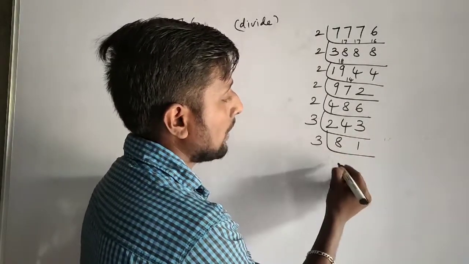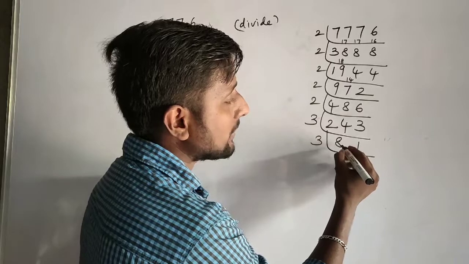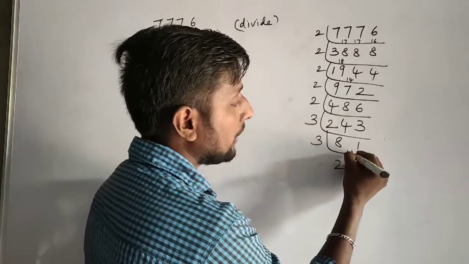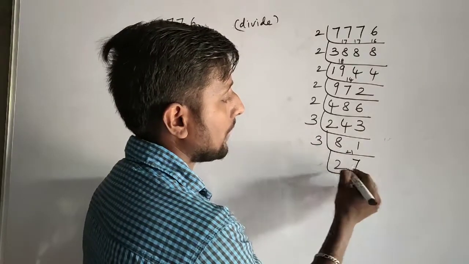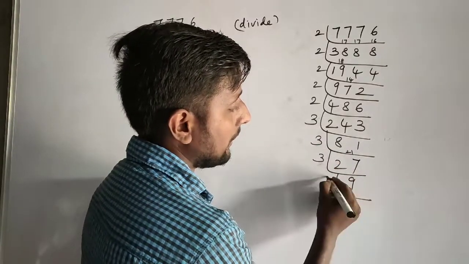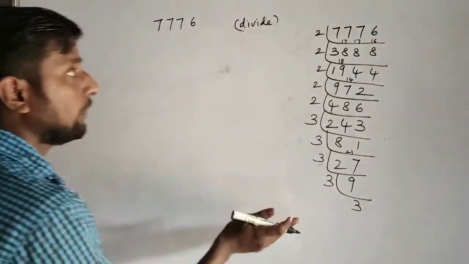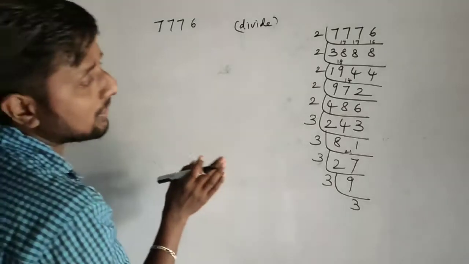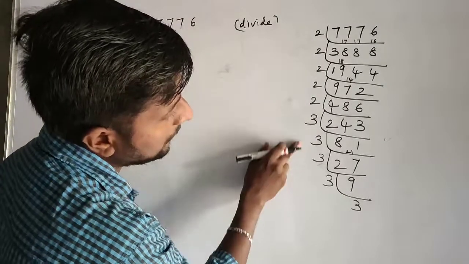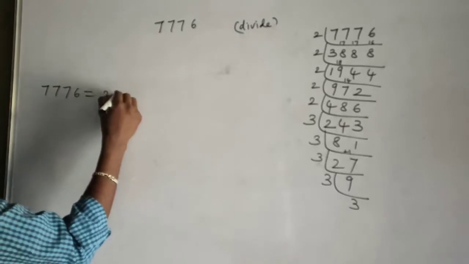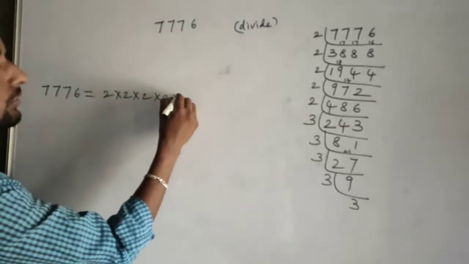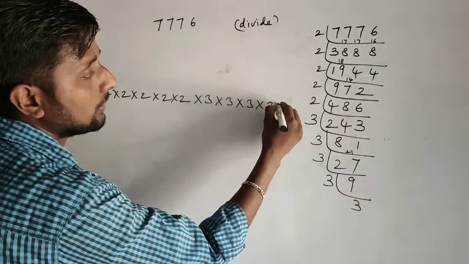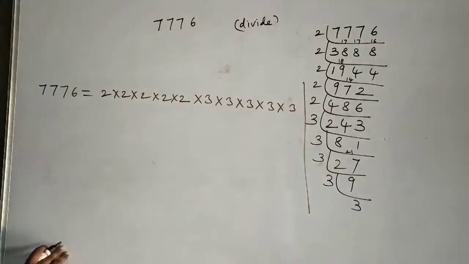Again 3, 3 2s are 6, then 3 7s, 3 9s, 3 3s. Now if you write 7776 is equal to 2 five times and 3 five times: 2 into 2 into 2 into 2 into 2, and 3 into 3 into 3 into 3 into 3. Let's try to make pairs now.